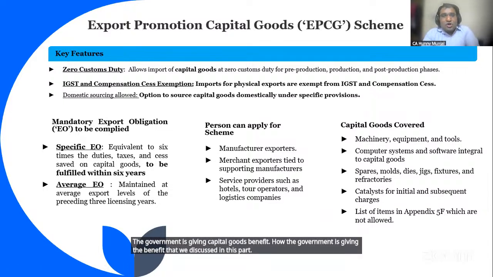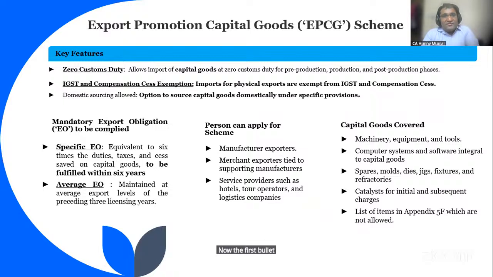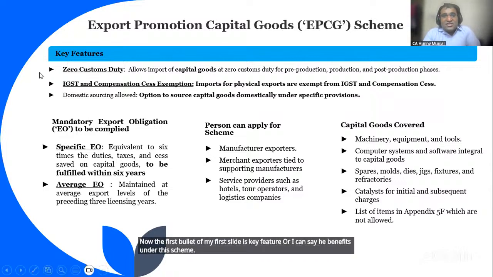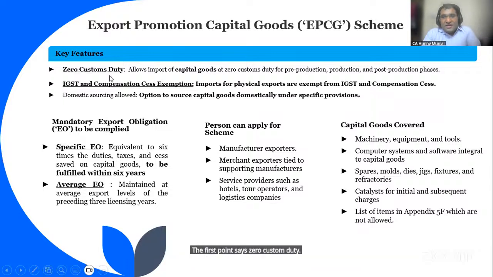Now, the first bullet of my first slide is key features, or I can say key benefits under this scheme. The first point says zero custom duty. If you are an exporter and you have opted for the EPCG scheme on your import of capital goods, there'll be zero custom duty for importing the capital goods.